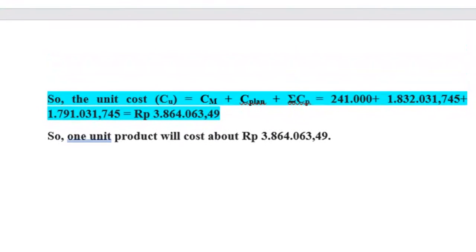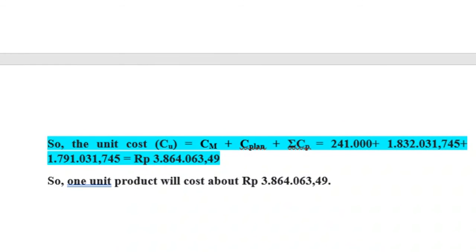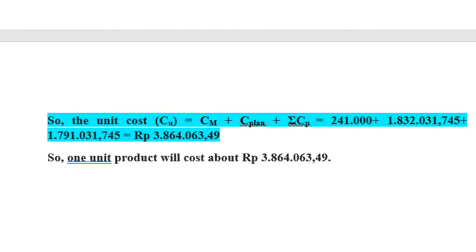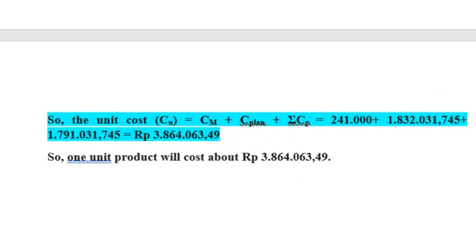So the unit cost will be determined by adding the material cost, plant cost, and the total production cost. So we had this calculation from the data above, and one unit product will cost about 3,864,063.49. So that's all. Thank you so much.